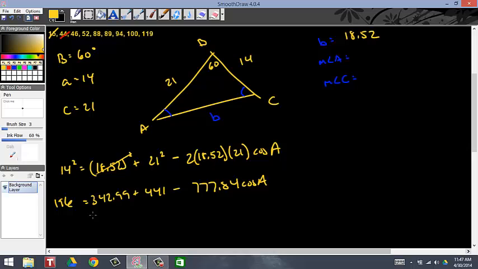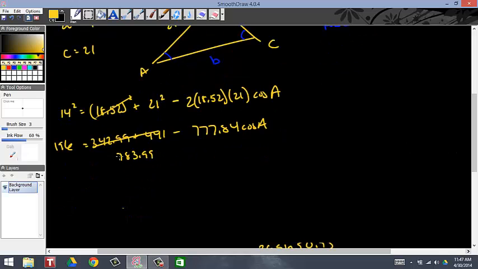Now, 342.99 plus 441, this is 783.99. So I'm going to do 196 minus the answer. So I get negative 587.99. I'm going to divide that by 777.84, and that's going to equal cosine of A. And then I do inverse cosine of both sides.